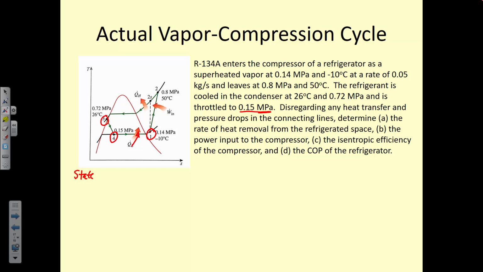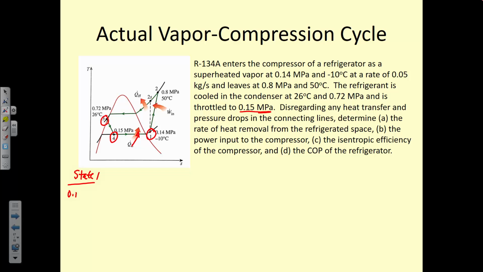State 1, what is the state of our refrigerant at state 1? Where is it, Blake? Say we're on this superheated, yeah, we're superheated. How do you know that? Because it's to the right of the dome. Yeah, it's to the right of the dome, so we're outside of that line.